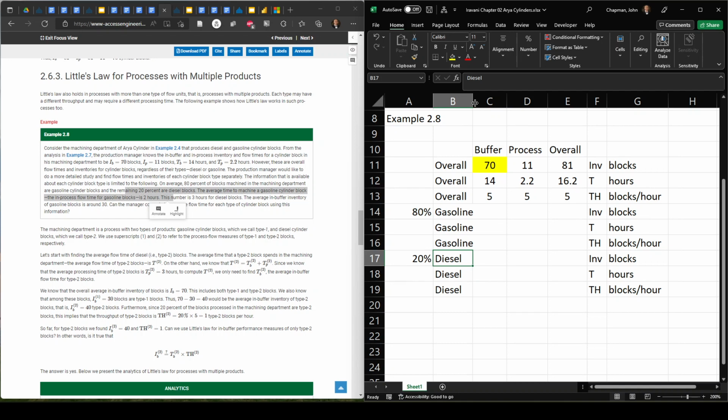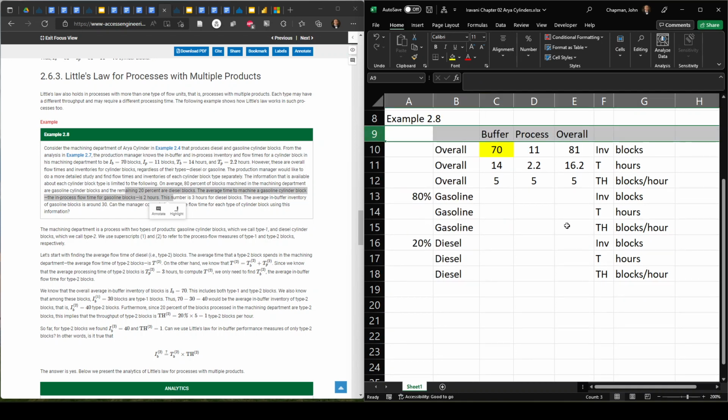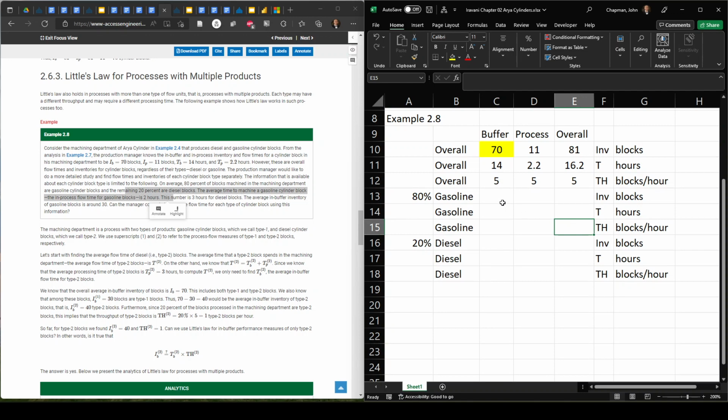Okay, a little bit of formatting here. Let me take this line out. And we're going to begin to fill in this portion of our model here. They give us some information, and there's a couple of questions.